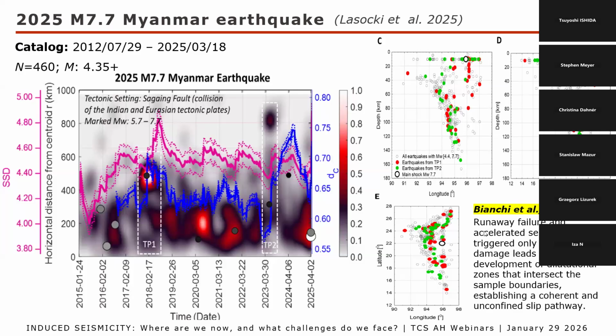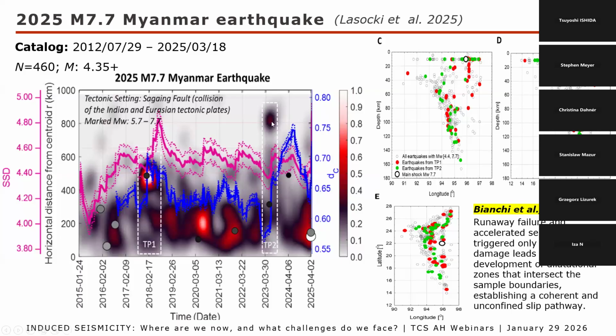And I think that in the laboratory experiments of Bianchi et al., when the deformation reached the boundary of a sample, it lost the confinement and the shear zone localized, seismicity localized, and there was a failure.